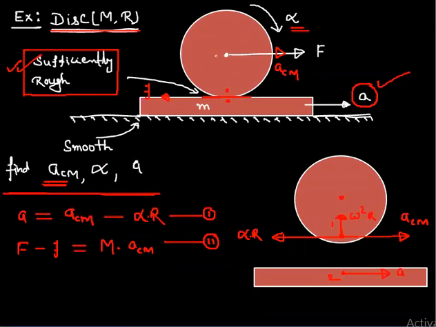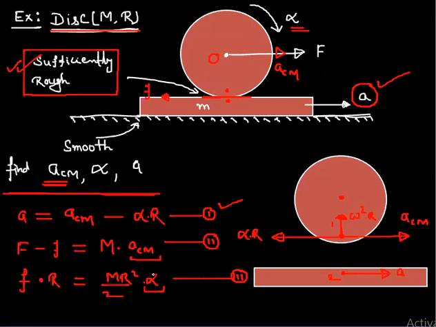If I apply the torque about center of mass, then the torque due to this capital F force will be 0, and the torque due to the friction will be f times R. And this is equal to I alpha. What is the I of the disk? Mr square by 2 times alpha. So this is the third relation, and one more relation is the relation between alpha and acceleration of center of mass, which I have written here in the first relation.